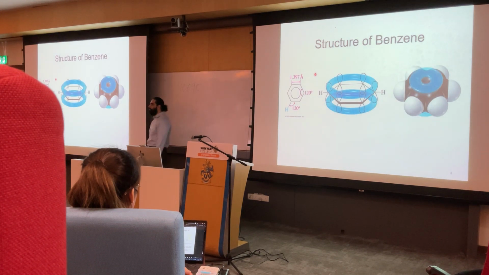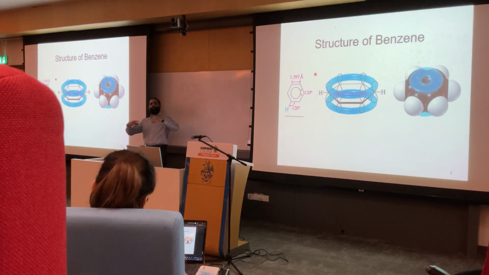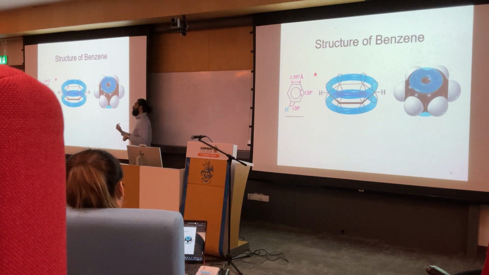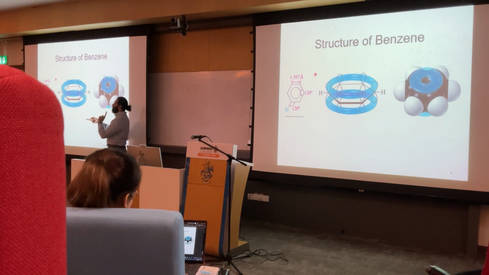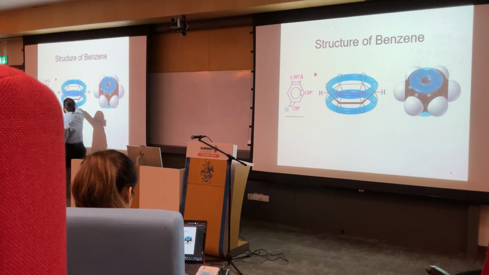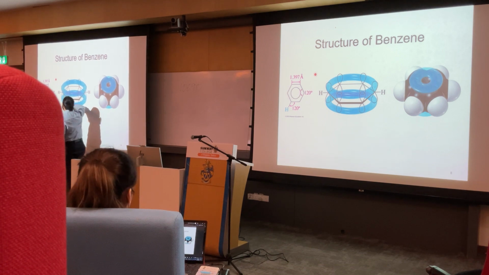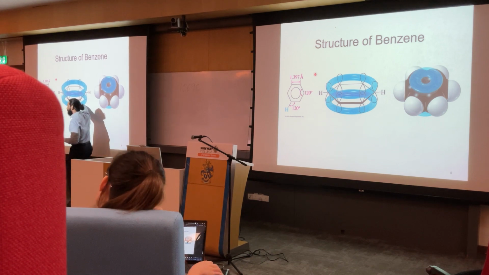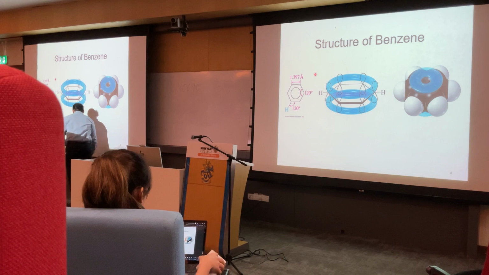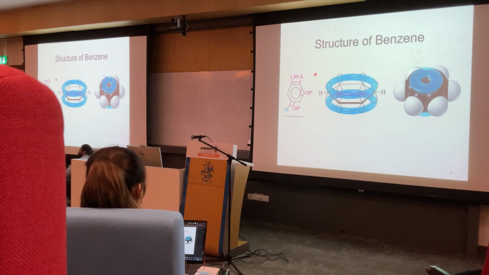Right, so the structure, now you can refer back to the long statement which I simplified when I was telling you the criteria for the alternate carbon-carbon double bond and single bond. So the actual thing is, in molecular orbital theory, that each of the carbons should have a p orbital which is perpendicular to the plane of the ring. So if the ring is there, then the orbitals would be there, behind and above the plane.